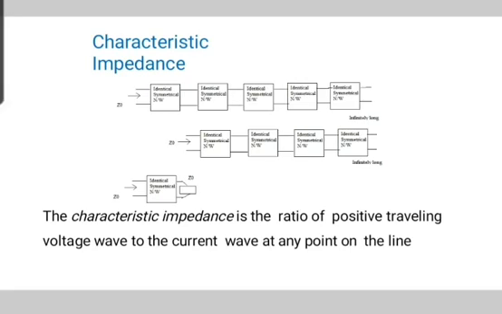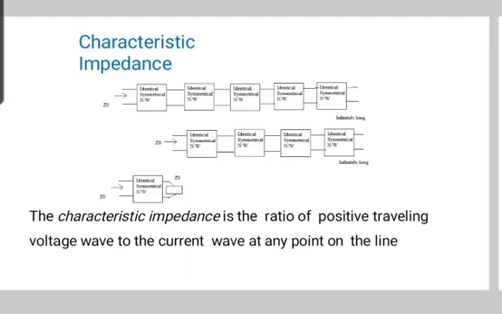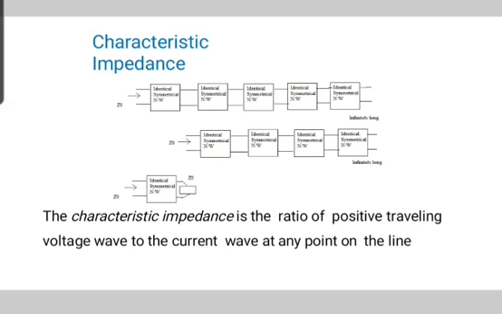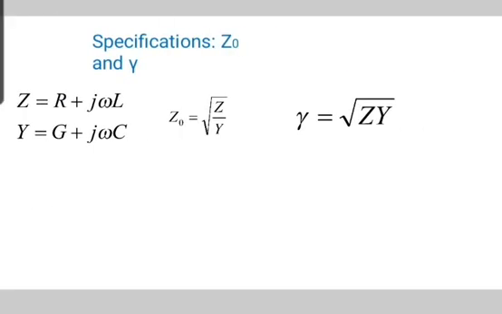So the characteristic impedance is the ratio of positive traveling voltage wave to the current at any point. Here the diagram for this is shown. It is the ratio of positive traveling voltage wave to the current wave at any point on the line.